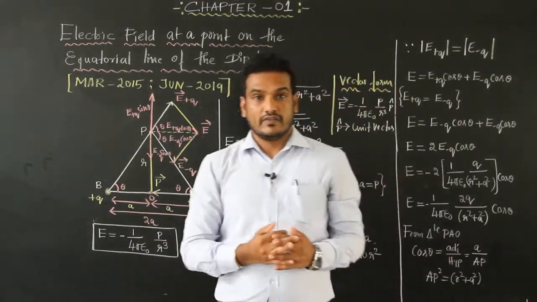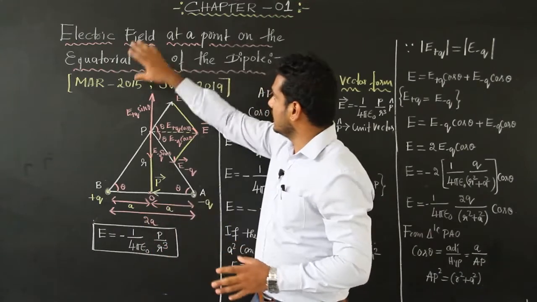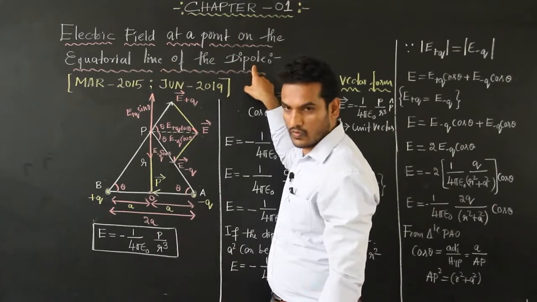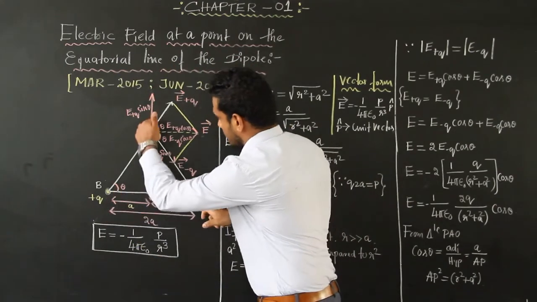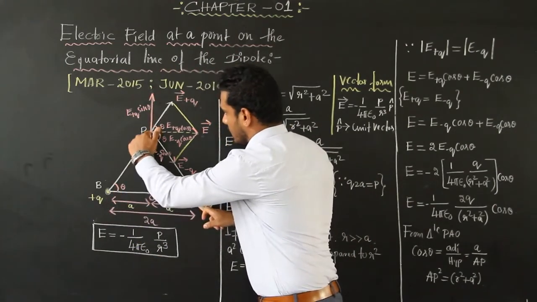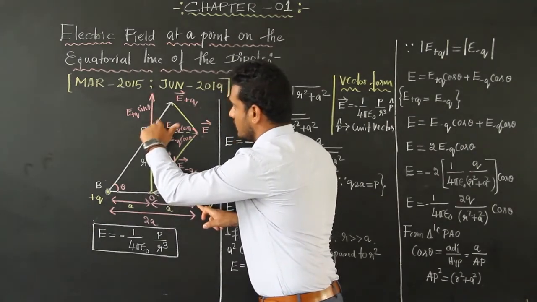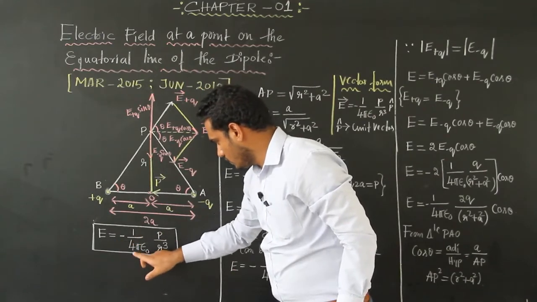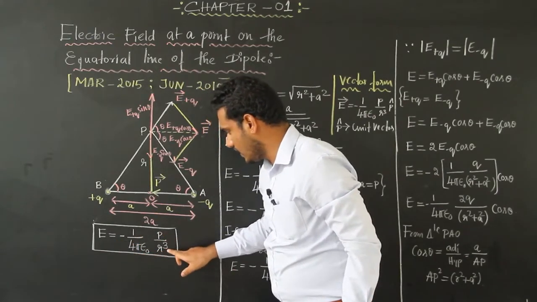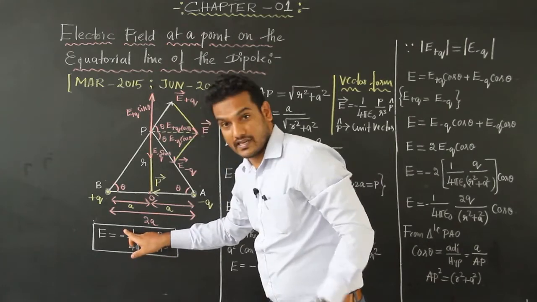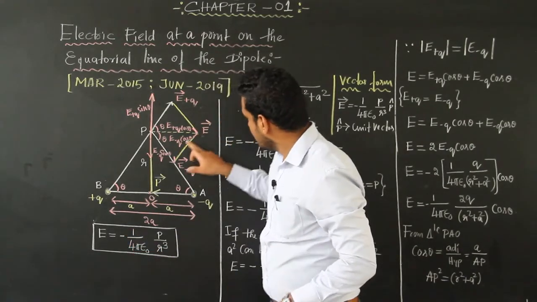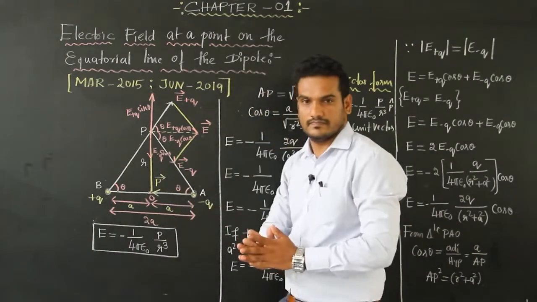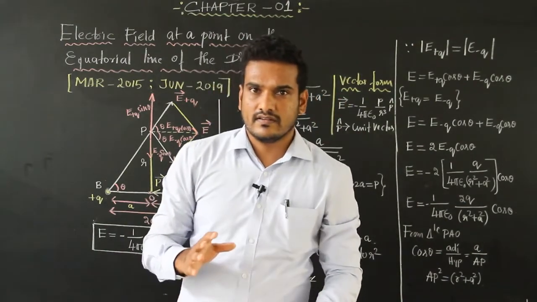So in this derivation we learned the electric field at a point on the equatorial line of the dipole. E is equal to minus 1 over 4 pi epsilon naught P by R cube. Here the negative sign indicates that electric field and electric dipole moment are in opposite direction. This derivation is important for 5 marks.